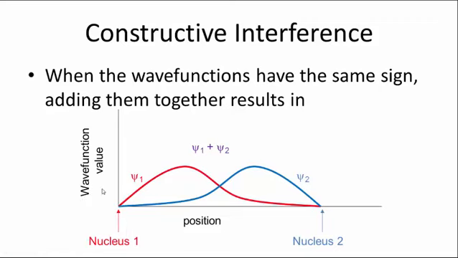Over here on the left side, psi 2 is really, really small, right? So my graph of psi 1 plus psi 2 on the left side should look very similar to just the graph of psi 1. So it's going to start out like the graph of psi 1, but then as psi 2 gets bigger, it's going to start to go above the graph of psi 1. And same thing on the right side.